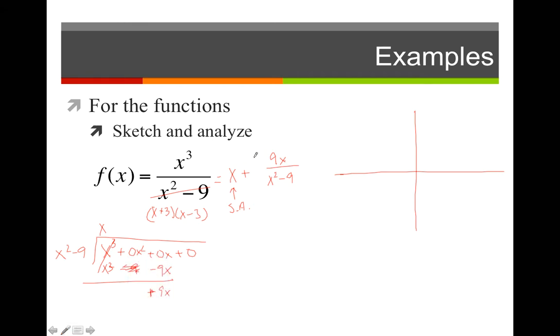If we were to put in that slant asymptote of x, okay, so y equals x looks like this. And we also have vertical asymptotes of 3 and negative 3. Okay, so we're going to go to 3 and negative 3. And we're going to get the graph to do some sort of funky little things going on here.